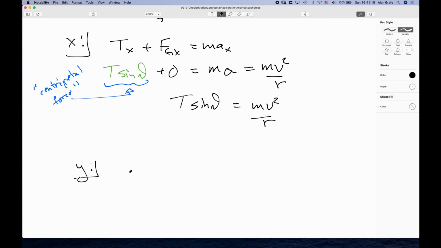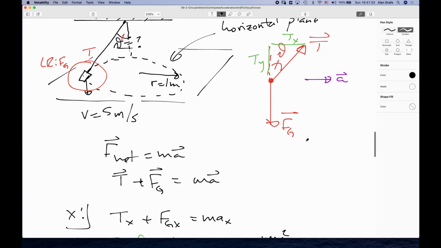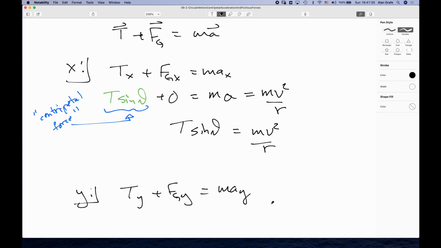So here we take our same vector equation of motion, but now we write the y component. So this will be Ty plus Fgy equals may. Well, the acceleration is directed entirely horizontally in the x, so the y component of acceleration is 0.